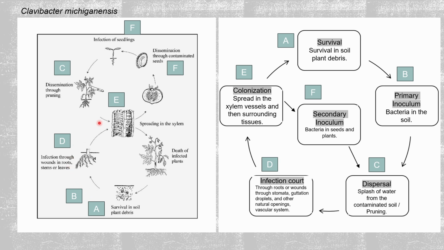But we can also spread the bacterium by dissemination through pruning. If we do not disinfect a scissor or any tool that we are using to do the pruning, we can easily spread the bacterium from infected plants to healthy plants.